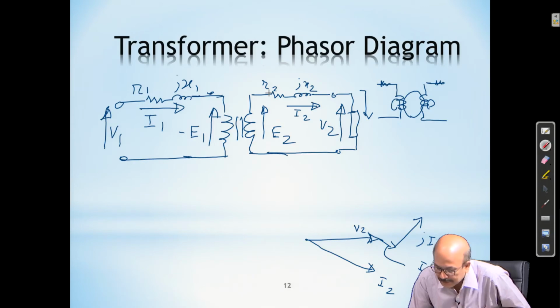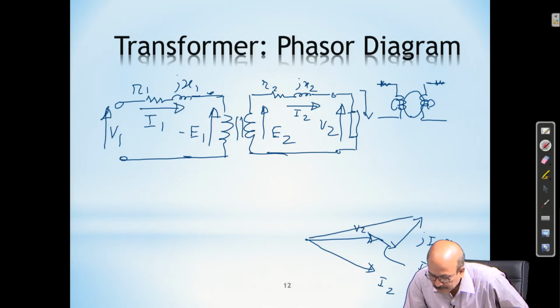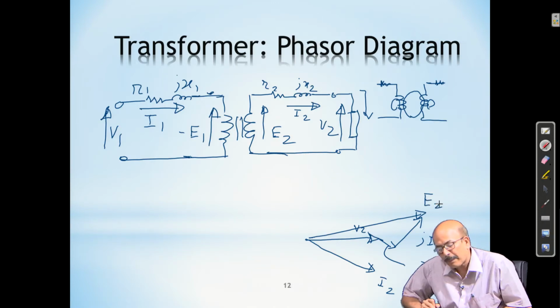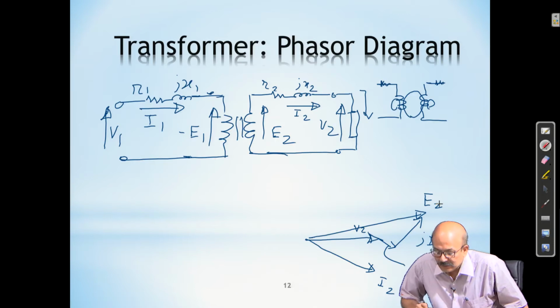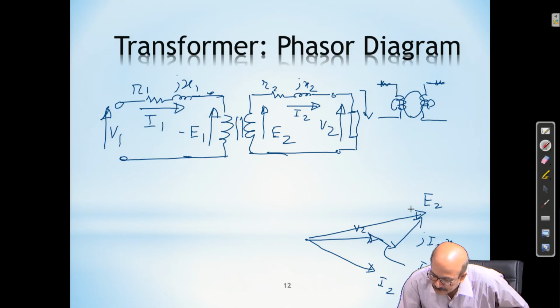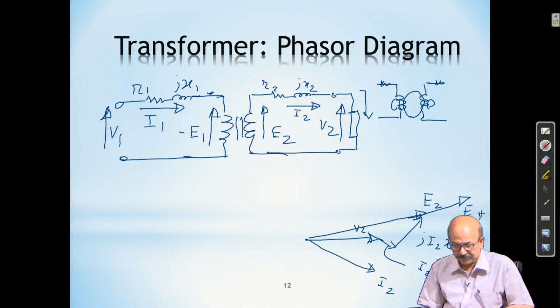These two drops are added to V2, and you have E2. So, from V2 you came to E2. Once you have E2, considering this is a step down transformer, E1 will be more, and E1 and E2 are in the same phase. So, you have E1 this side.